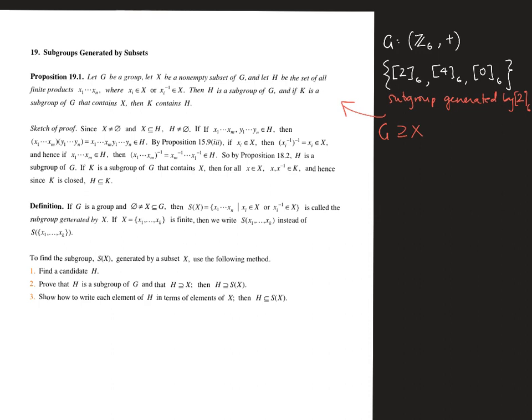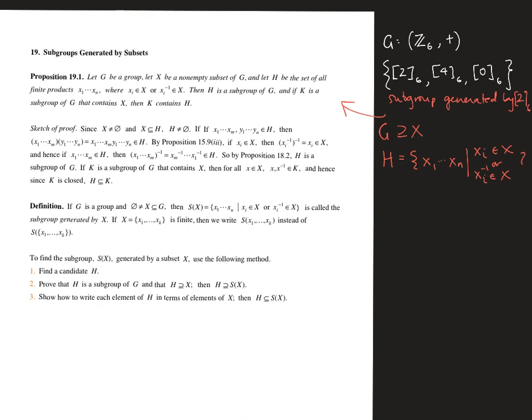G is a group, X is a non-empty subset, and I want to create a new set that has stuff in it based on whether X or the inverse of an element is in X. So H is going to be the set of finite products of x1 through xn, and the way that I decide which x's I'm allowed to use is that each of these is either in X, or the inverse of the element is in X. And because this needs to form a group, if xi inverse is in X, xi will also have to be in H, or else we won't get a group.